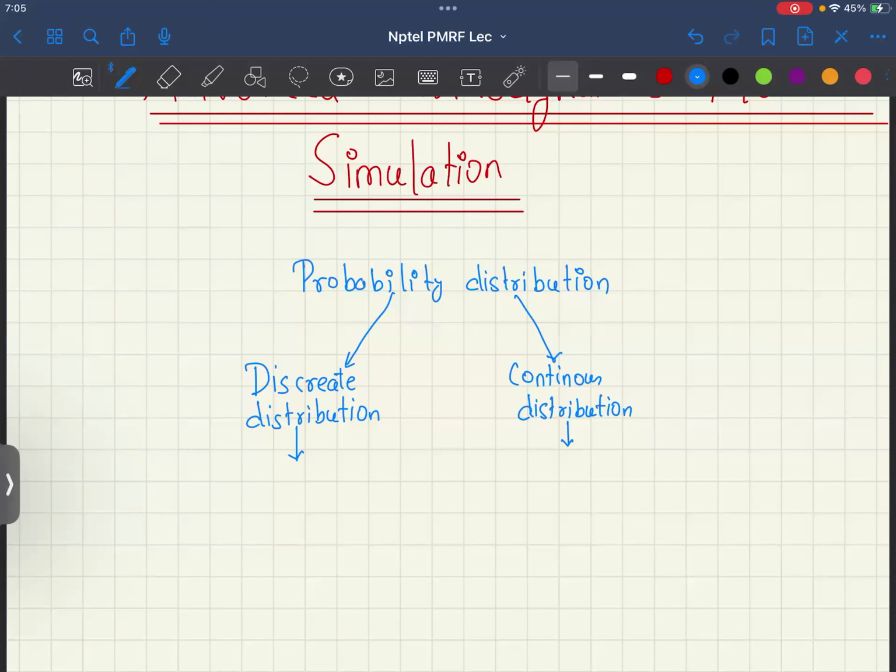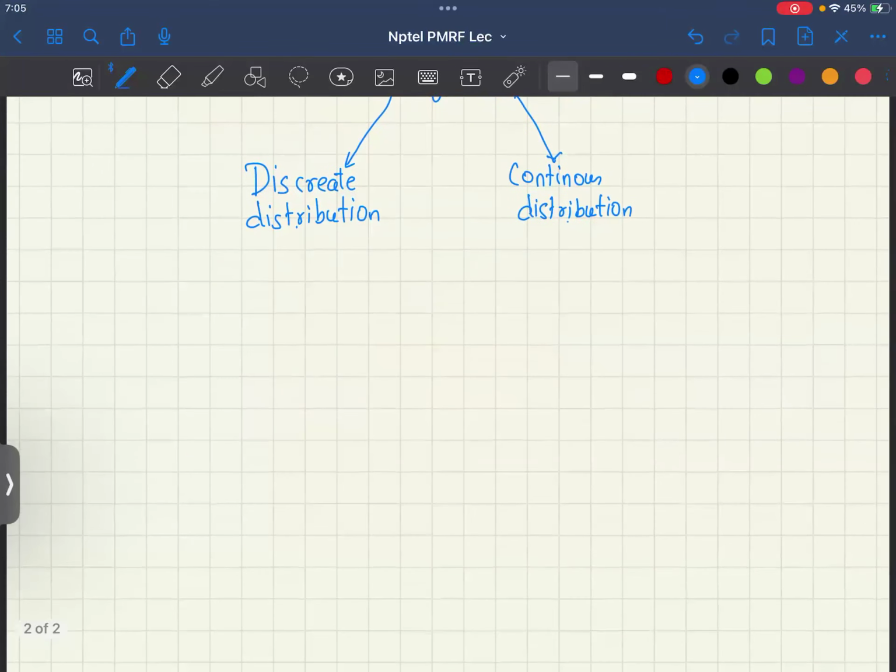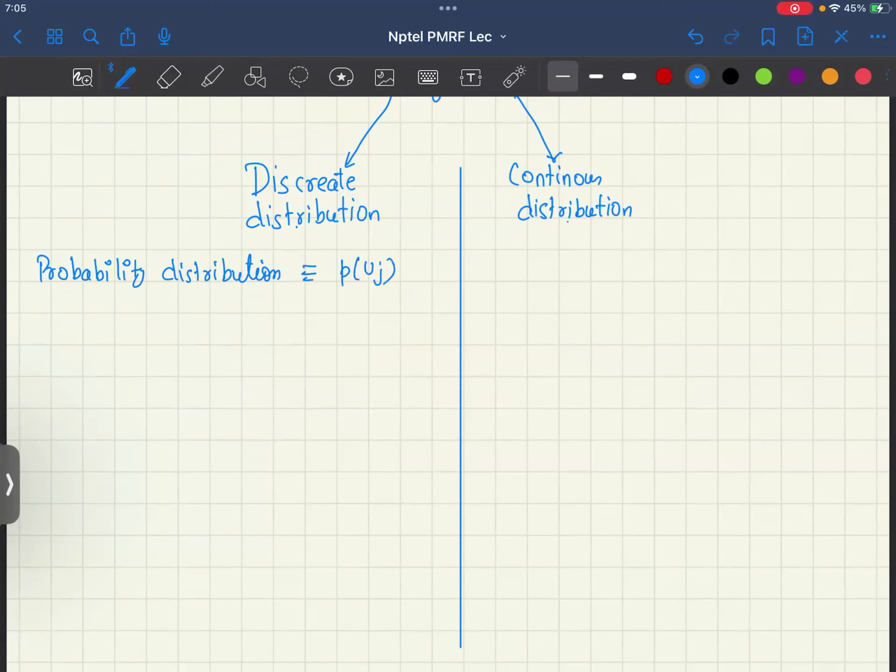Now let us try to understand how you calculate the properties. Let's say you have a probability distribution given to you, P of uj, that is the probability of atom j occupying the energy state uj. Or it could be, for simplicity, any distribution.